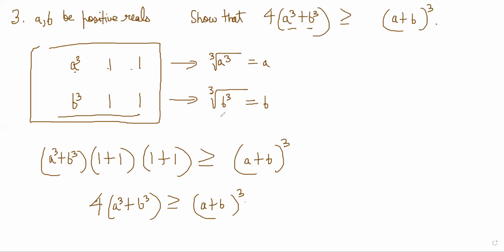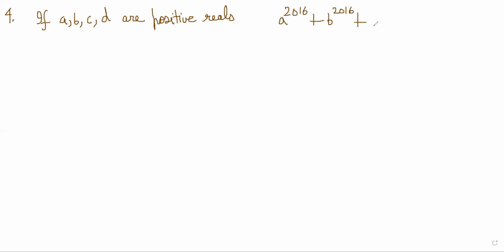Let's move on. Let's do another question. The fourth question for us is, if a, b, c, d are positive reals satisfying this equality: a power 2016 plus b power 2016 plus c power 2016 plus d power 2016 is equal to 4032.